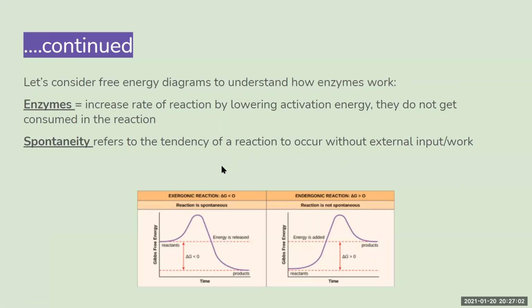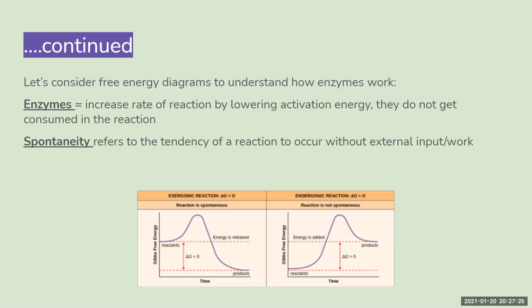So this is a really good example to understand how reactions are occurring in our bodies. And further, you're going to learn these reactions in more detail for these different metabolic cycles. So enzymes increase the rate of reaction by lowering activation energy, but they do not get consumed in the reaction. So they are recycled, essentially.